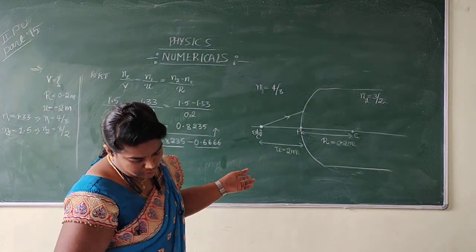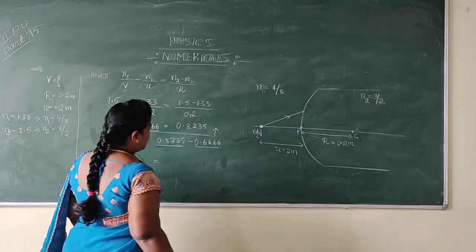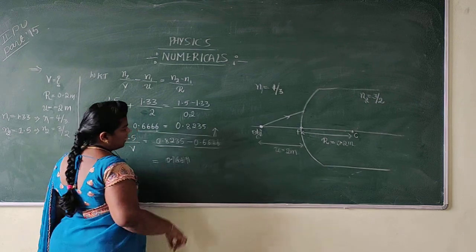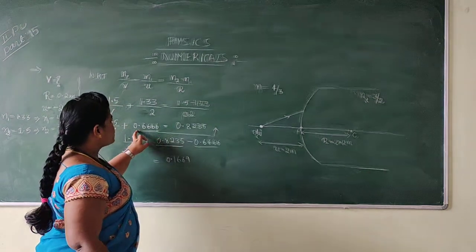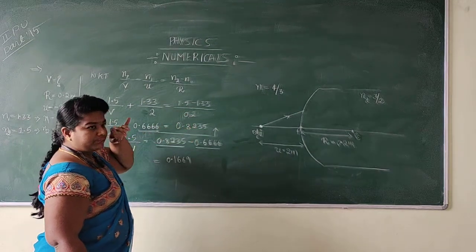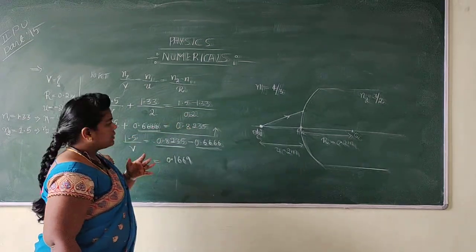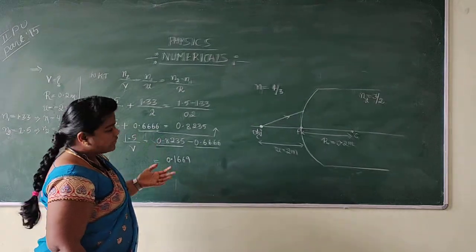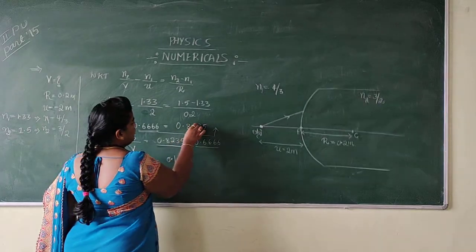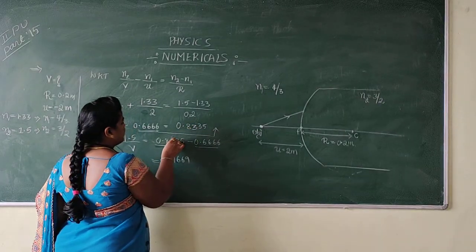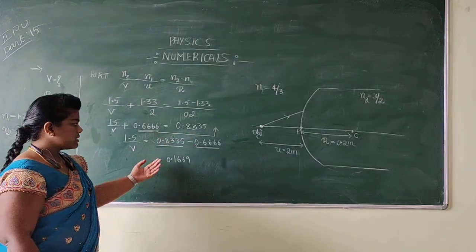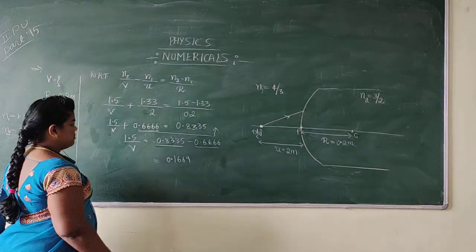You will get 0.1669. If you only take 0.6, you will not get this; you need to take 1.5 plus 1.33 and complete it. Otherwise, if you take 3 you will get some other value. If you substitute complete values, 3 also comes, and that is also correct. The more decimal points you substitute, the more accurate your answer will be.